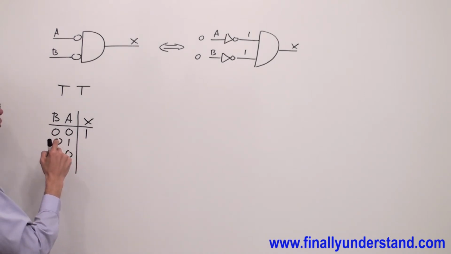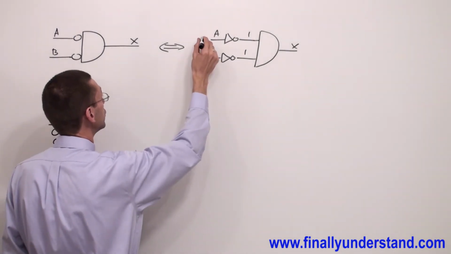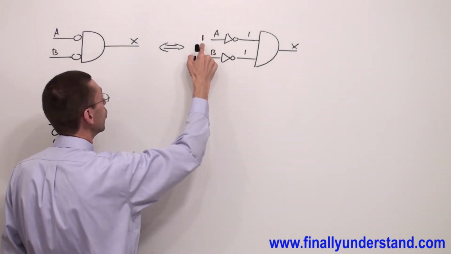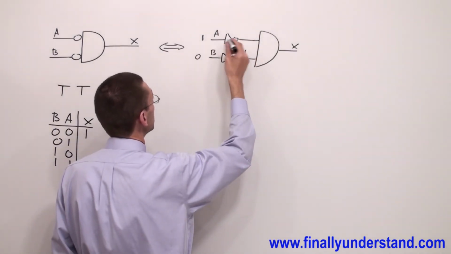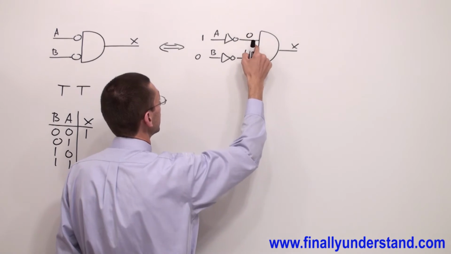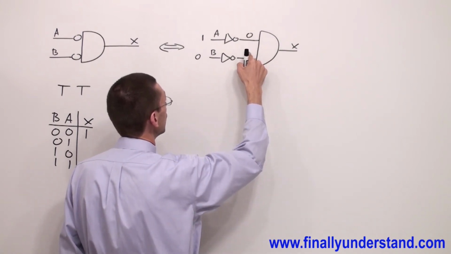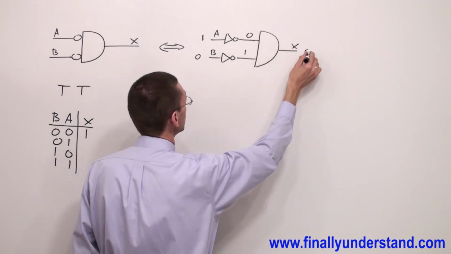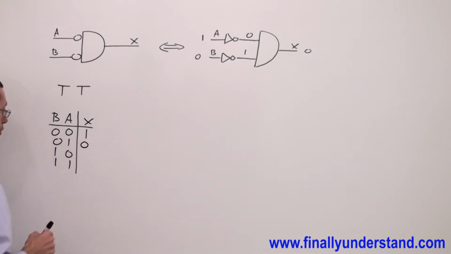If I'm going to have input A connected to 1, I'm going to apply 1 to A. If you are going to find the complement of 1, this is going to be 0. Remember, AND gate is the multiplication, so 0 times 1 gives me 0. So the output is going to be 0.